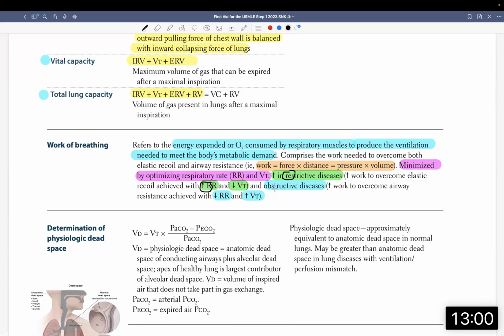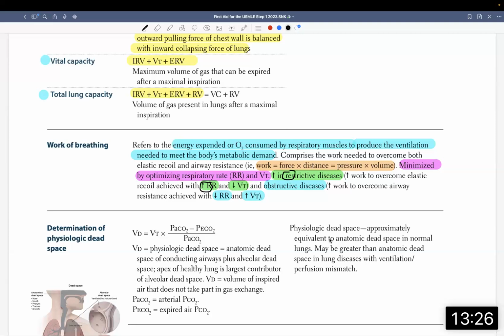I just think about it like restrictive is always something restricting the breathing, right? So you cannot breathe enough. Elastic recoil problem, right? Exactly. In restrictive, increased work to overcome elastic recoil by increasing the respiratory rate but decreasing the tidal volume.